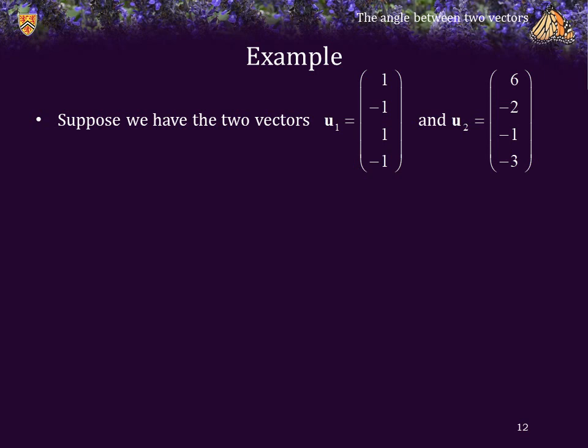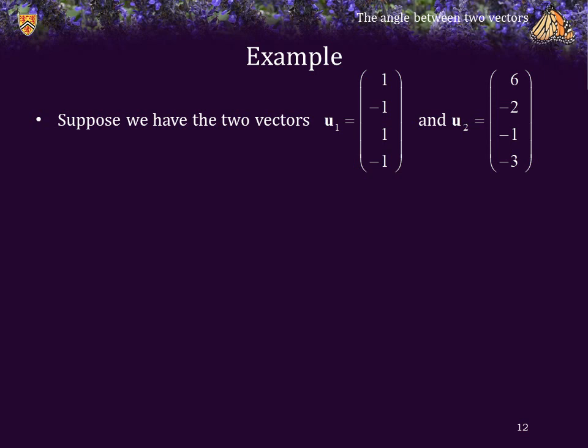Suppose we have these two vectors in R4, the first 1, 1, -1, 1, and the second vector 6, -2, -1, -3. Again, neither of these vectors is normalized, and they are clearly not orthogonal, as their inner product is 6 plus 2 minus 1 plus 3, which is definitely not 0.